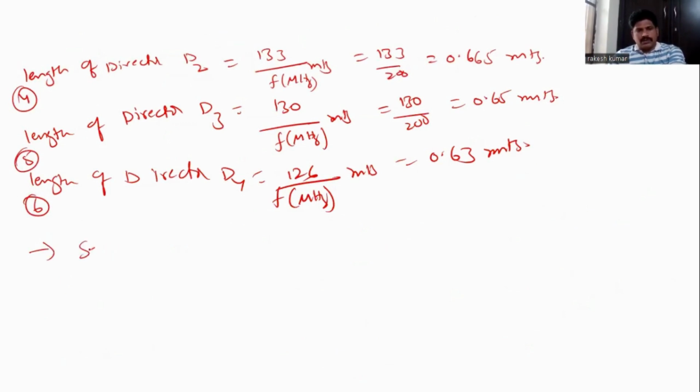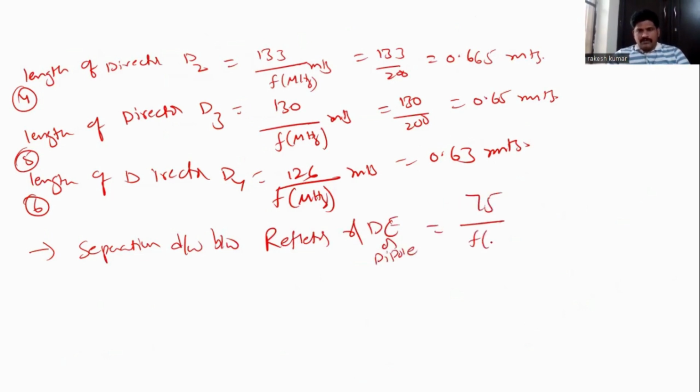Coming to the separation distance between the first one, a reflector, and the driven element or dipole, the separation distance is 75 by F in megahertz, in meters. So 75 by 200 gets 0.375 meters.